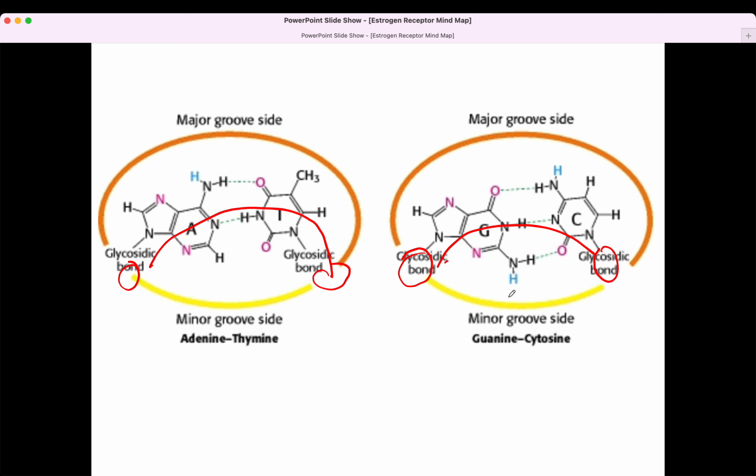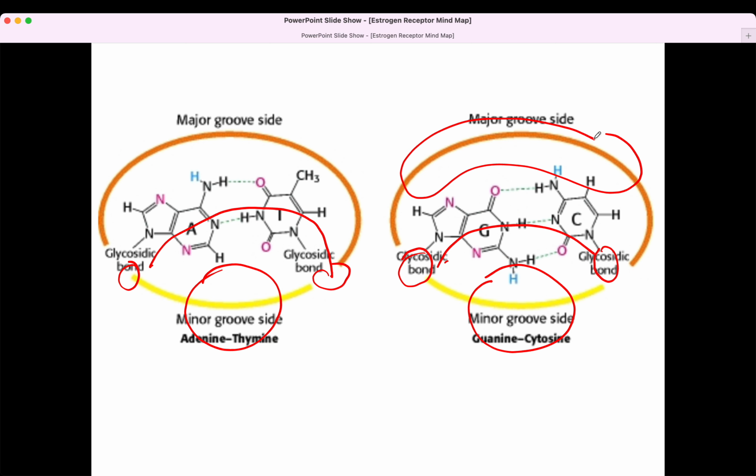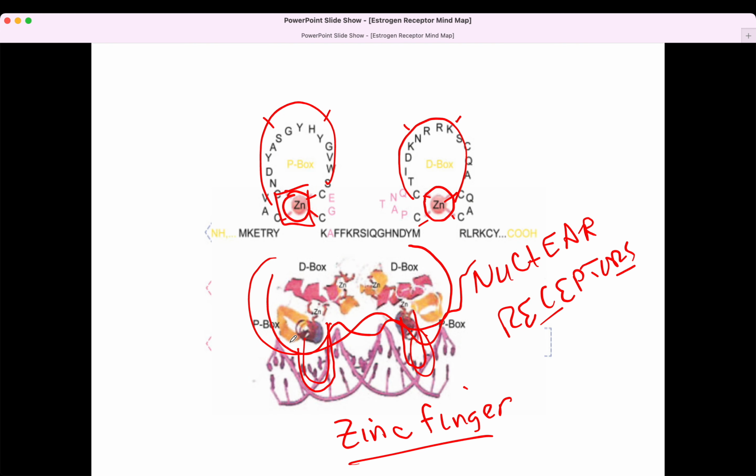And what that does is it presents a certain chemistry, and that's what's being emphasized here, a certain chemistry on the minor groove side and a different chemistry on the major groove side. Now, the major groove side doesn't look like a groove here, but when the DNA is twisted up, it does. And these zinc fingers are, in this case, for nuclear receptors, binding to the major groove. And that's the last part of the structure.